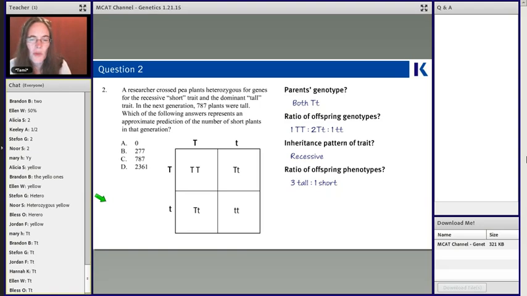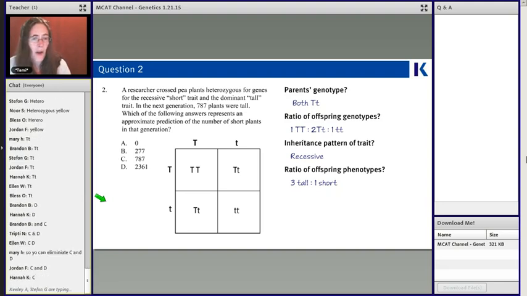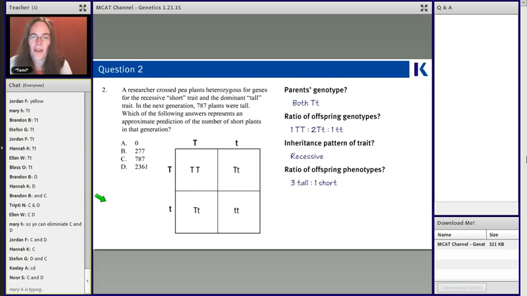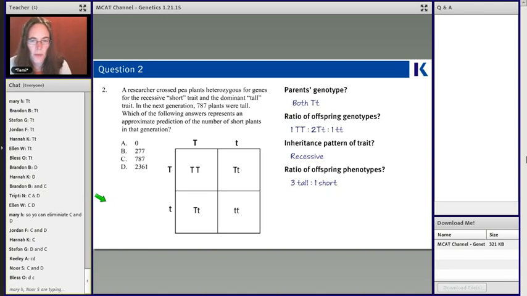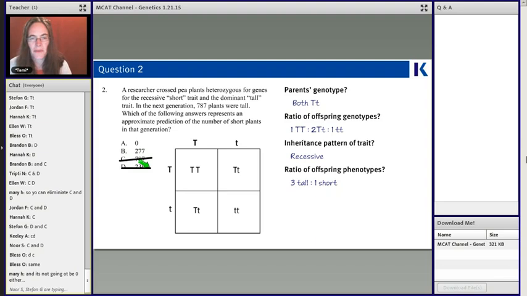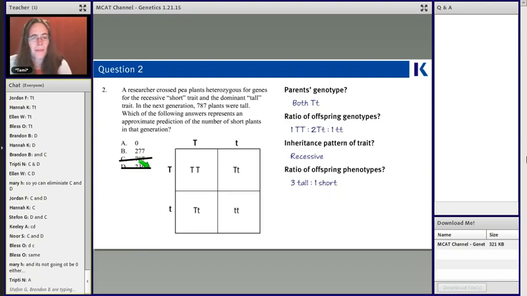What answer choice or choices can I immediately get rid of? Oh yeah, D says there are approximately 3 times the number of short plants. No, no. C I can get rid of. Yes. Why? Because it says I have equal number of tall and short plants. Done. What else can I get rid of without ever having to do math?